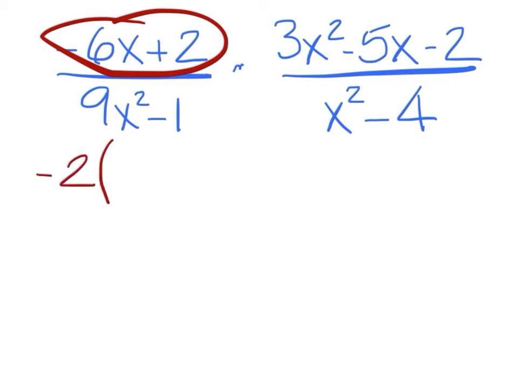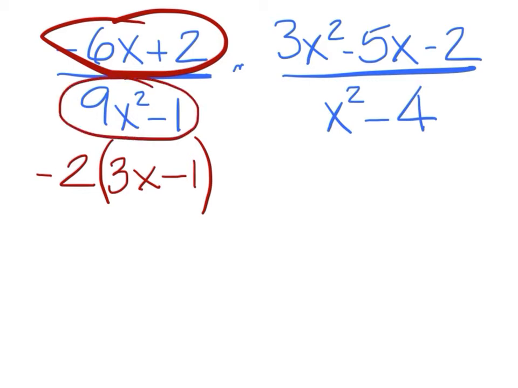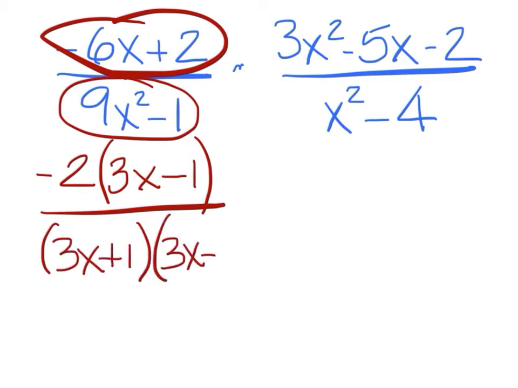If I take out a negative 2, I'm left with 3x minus 1, which may come in useful later. The reason I took out a negative 2 is because I'm looking ahead down to the bottom at that difference of two squares and noticing that when I factor that out, I'm going to have 3x plus 1, 3x minus 1. If I had only taken out a 2 from the negative 6x plus 2, then I would have been left with negative 3x plus 1, and that would not have helped.